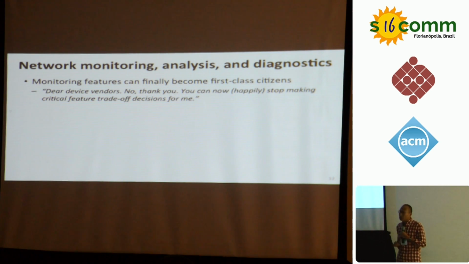And then going to the next generation speed with new architecture, with all the feature set, is extremely, extremely challenging. Therefore, they always have to make cut decisions and trade-off decisions at the feature level. And then monitoring features never win.